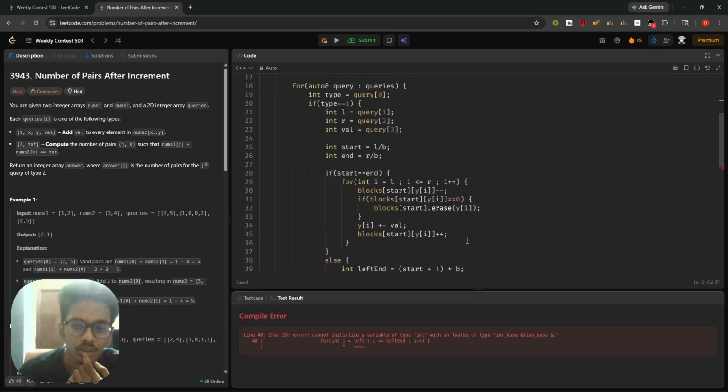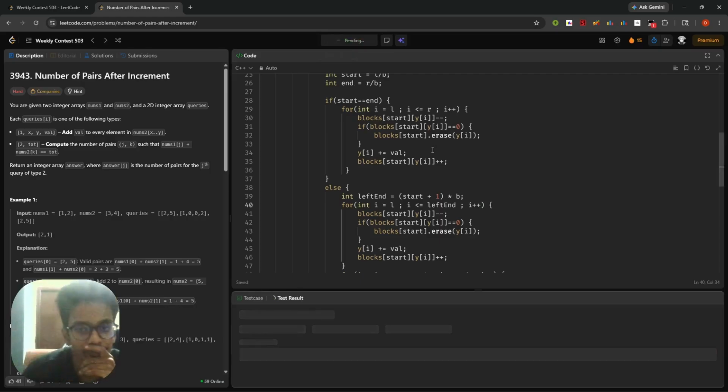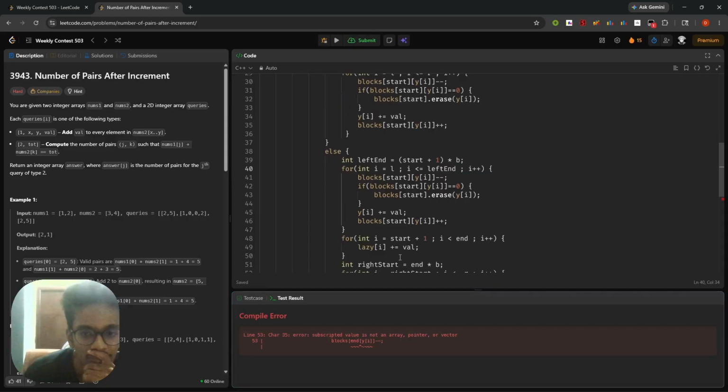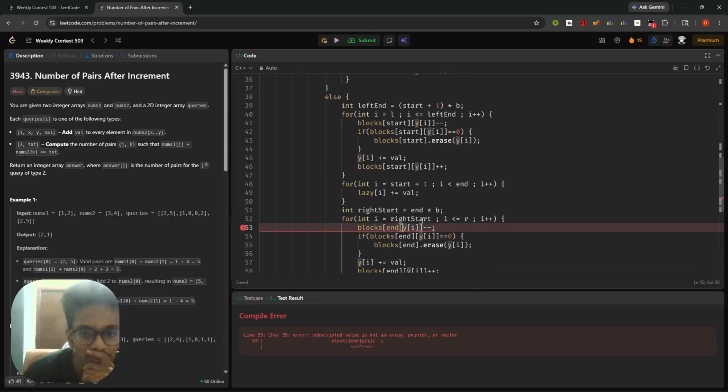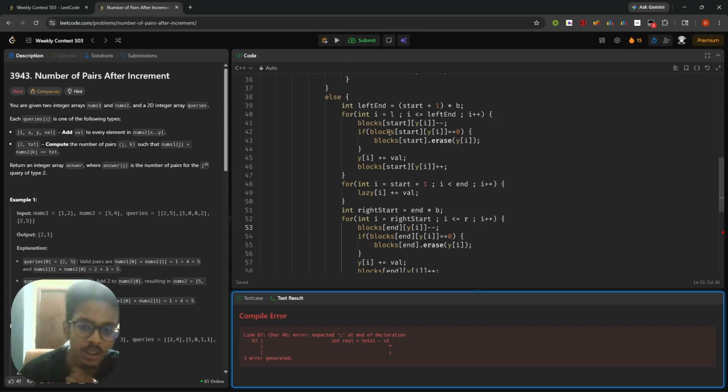A variable type. Okay, it's not left, it's L. Few typing mistakes and variable name typos.